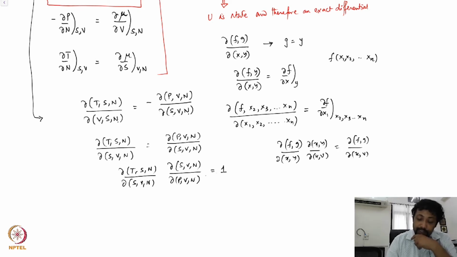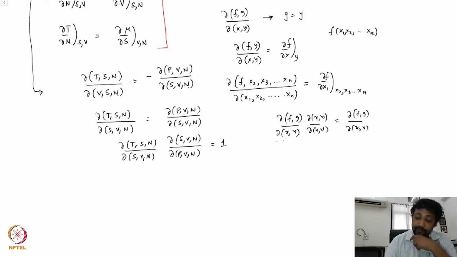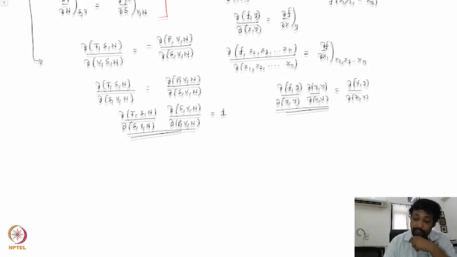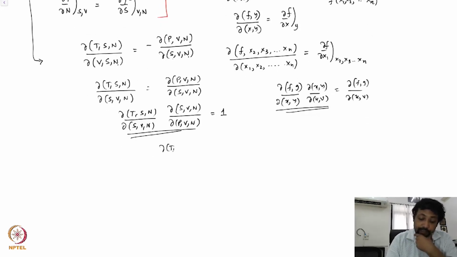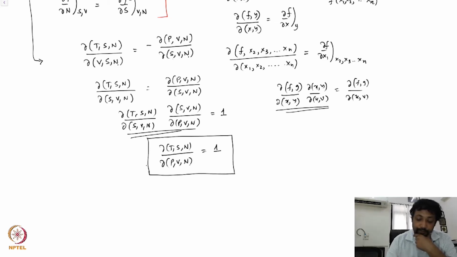But this equation is particularly cast in this way. If you look at the left hand side and compare this part, you will see that it's exactly done in that way, and therefore I can write it down del of T S comma N, del of P V, N is equal to 1. Right? So this is my first Maxwell's relation.